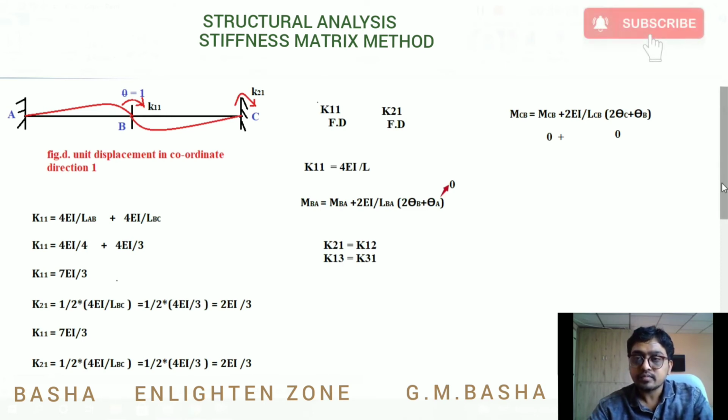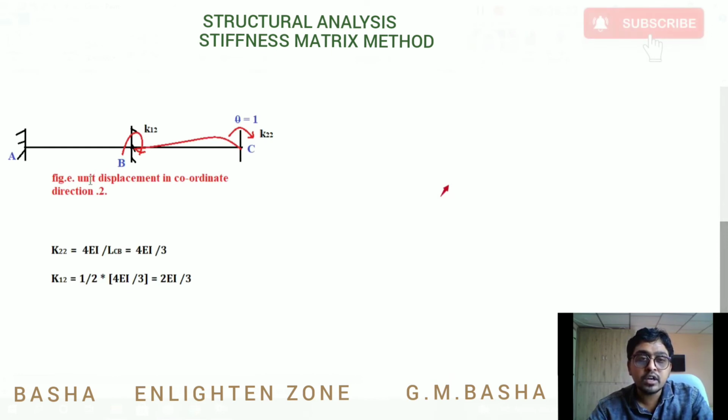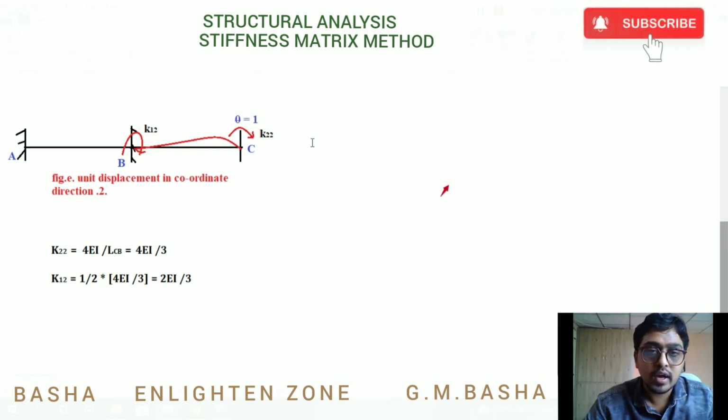Then move to the second one, unit displacement in coordinate direction 2. According to that condition, we keep A and B fixed, release the structure at C, and apply a unit displacement at coordinate position 2. That will be taken as K22.